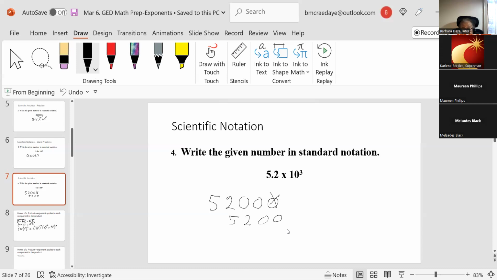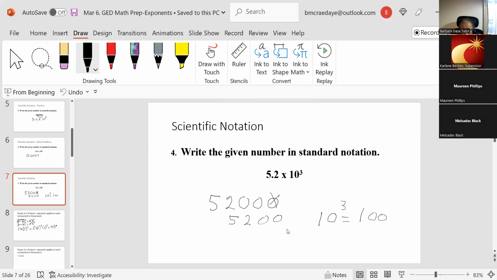But think of it this way, 10 to the third is what number, Mercedes? When you multiply 10 times 10 times 10, what do you get? 10 times 10 times 10 is equal to what? 10 to the third is equal to 1,000.